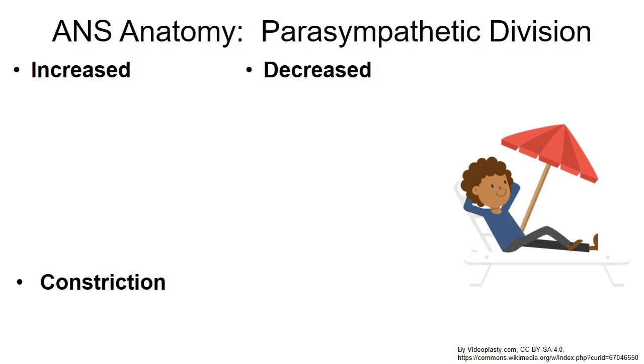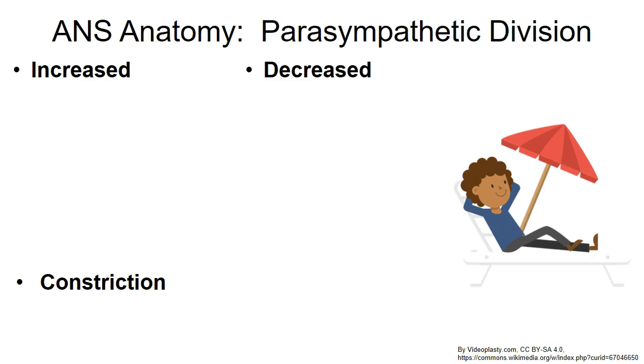Now, resting and digesting, what about metabolic rate? You're resting and digesting, so you're chilling, right? Is your metabolic rate going up or down? Probably down. Are you trying to store glucose? Yeah, absolutely.